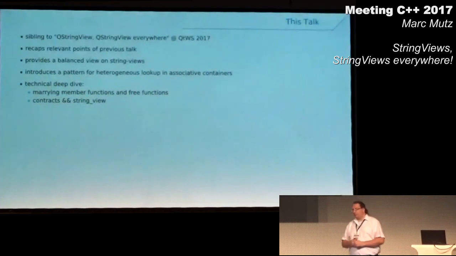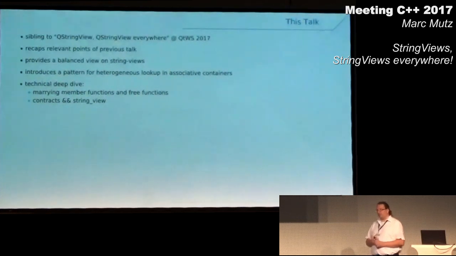And I hope to provide a bit more balanced view on StringViews than has been seen on, for example, CppCon this year. I will introduce a pattern for heterogeneous lookup in associative containers, something that we don't have for the hashed containers yet.